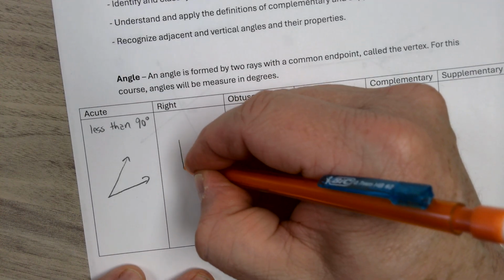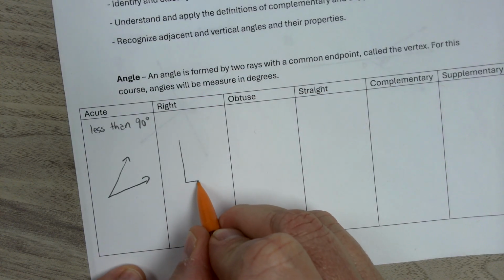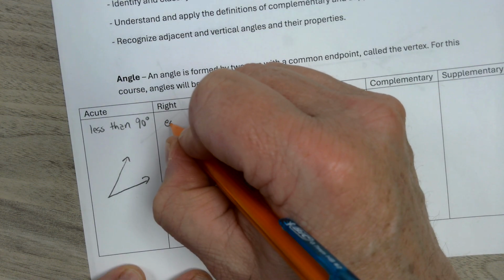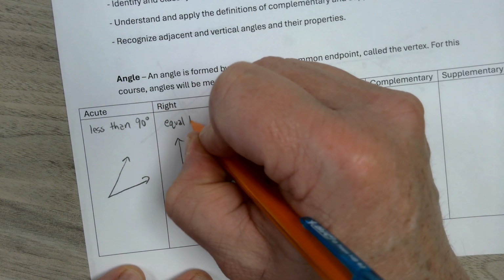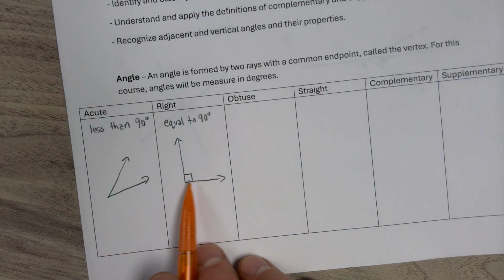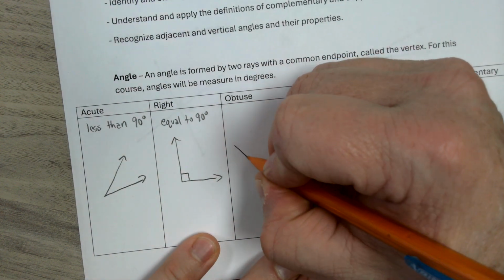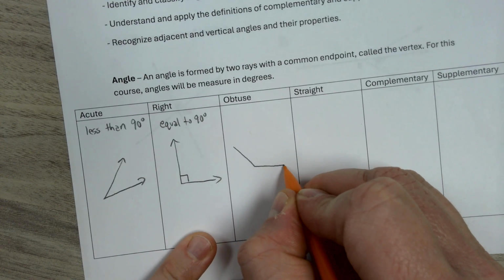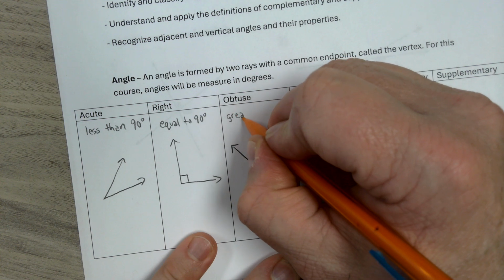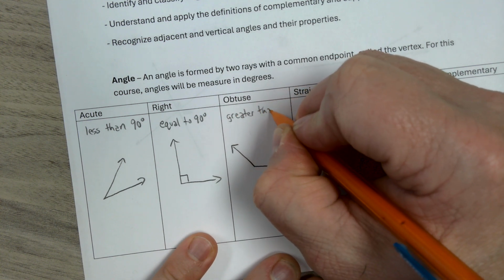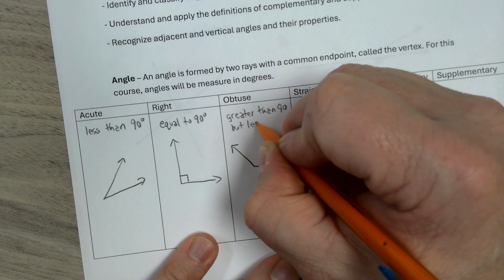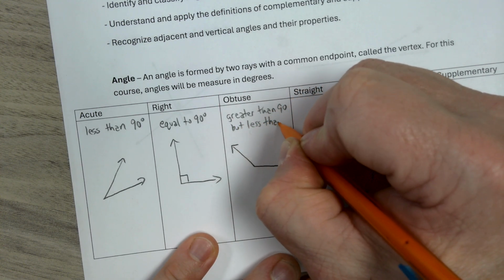The right angle would be exactly 90 degrees. So that'll be your right angle. Acutes are less than 90, and then obtuse angles are greater than 90 but less than 180.